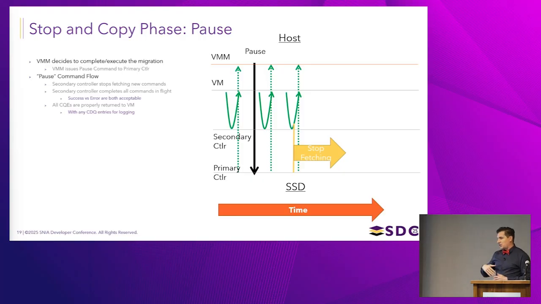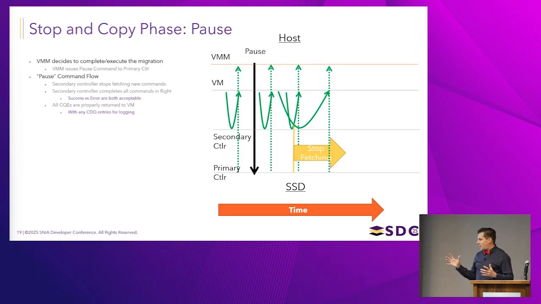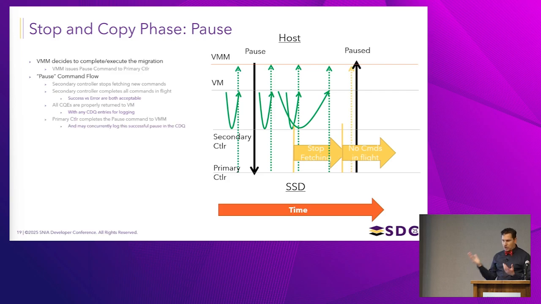We've stopped fetching, so it's growing potentially. The CQEs are all ending up on the completion queue, and there's nothing in flight inside the SSD with respect to the secondary controller. There might be some long-lasting commands that potentially take a while to complete. When the primary controller recognizes nothing else is in flight, at this point we return and say we're paused, right? So we complete that command.